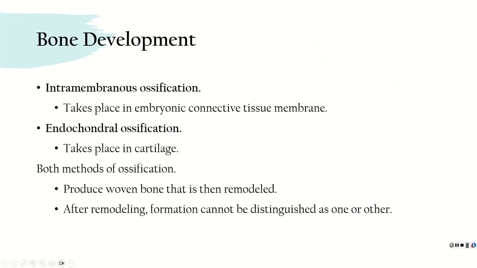Now, when we look at bone development, there are a number of steps we have to keep track of. There's intramembranous ossification, where embryonic connective tissue starts to ossify and form that bone matrix.